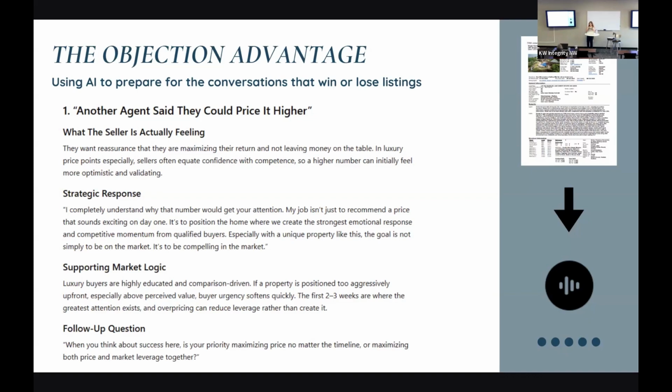And just the last thing with this prompt is it's not just giving you general feedback. It's going to tell you, if they say another agent said they could price it higher, you may take it as they're pitting you against each other as competition, which they may, but it also could be, what are they feeling? They just want to maximize their property value.